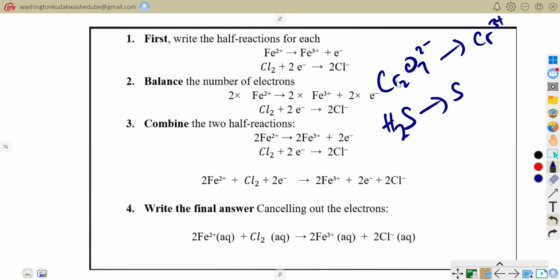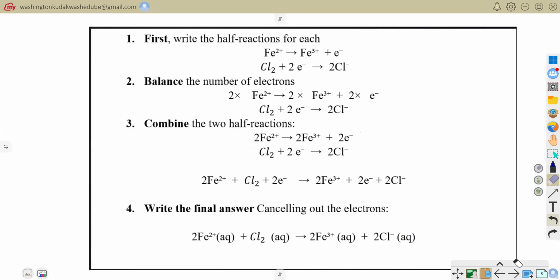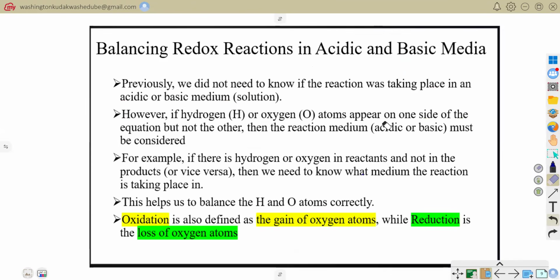You can see that on the left hand side, I've got oxygen atoms, but on the right hand side, I don't have oxygen atoms. For hydrogen sulfide, I've got hydrogen atoms on the left, but on the right hand side, I don't. So whenever you have oxygen atoms or hydrogen atoms appearing on one side of the reaction but not on the other, this is where we need to start considering the medium in which the reaction is occurring. Is it acidic? Is it basic?